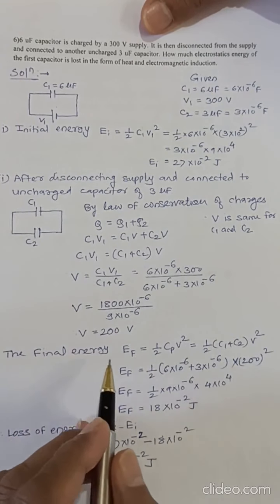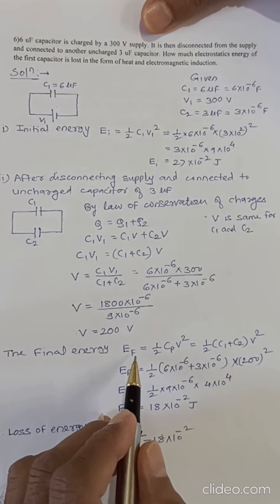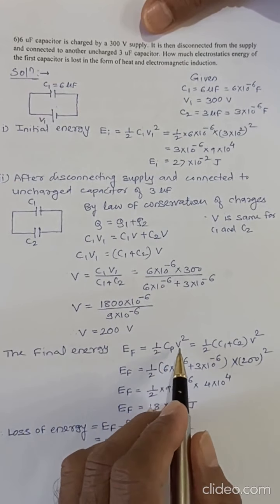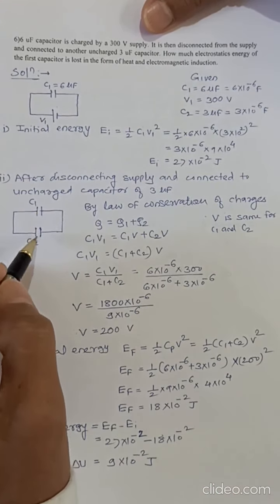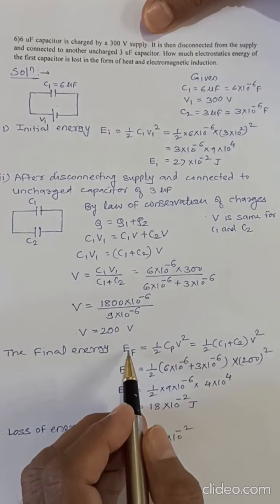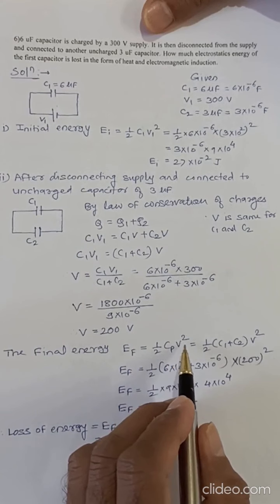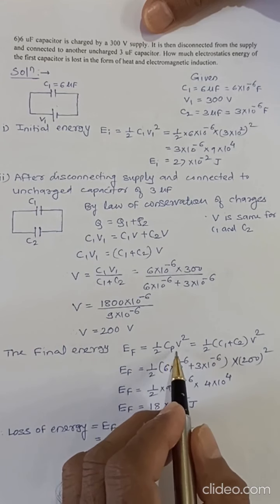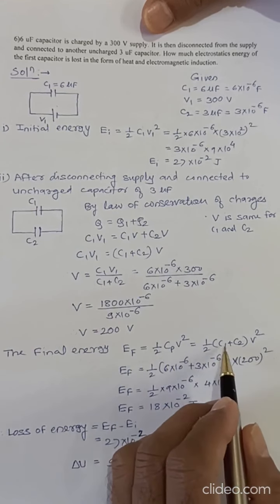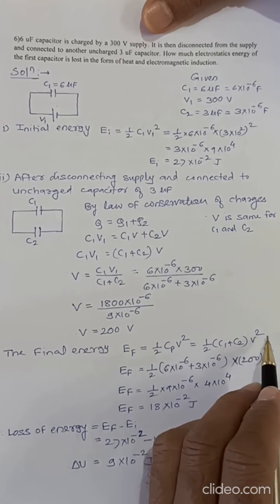Now the final energy E final is equal to 1/2 Cp V square, because condensers are connected in parallel. Put the value of Cp, C1 plus C2. So 1/2 C1 plus C2 outside the bracket V square.